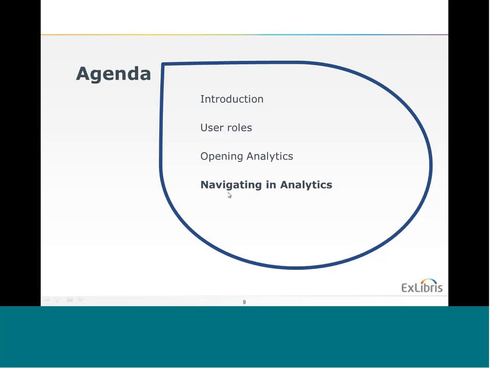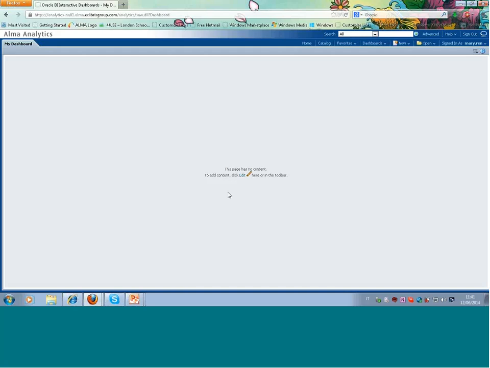Let's take a closer look now at the options that are available from the Analytics interface. Okay, so when I signed in to Analytics, I was taken to my dashboard, and this is a place where I can gather reports that I need to access all the time as soon as I go into the Analytics interface.